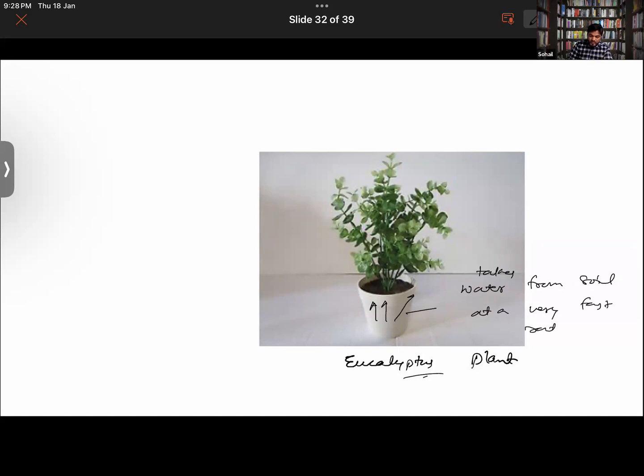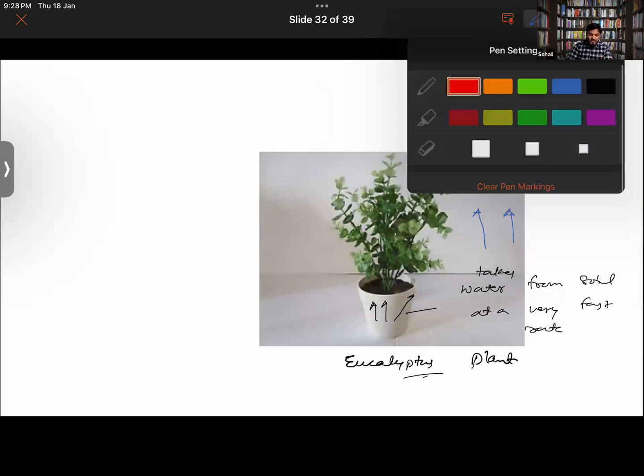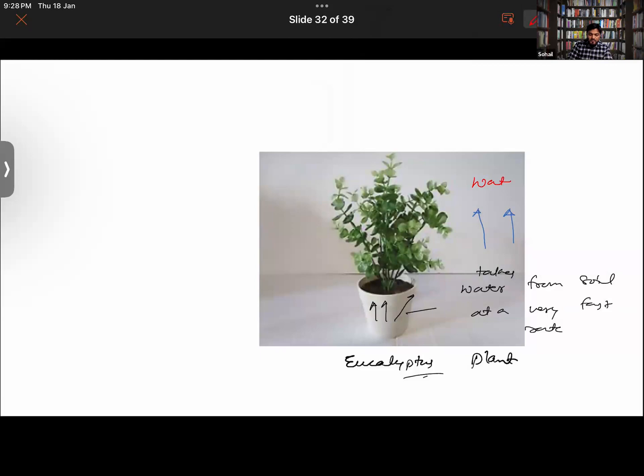So if the rate of absorption of water by the roots of eucalyptus plants is very fast, it will be losing the water from the leaves also. So the rate of transpiration will also be more, right? So it will be releasing pure water vapor into the air.